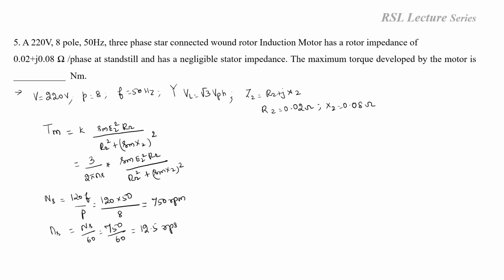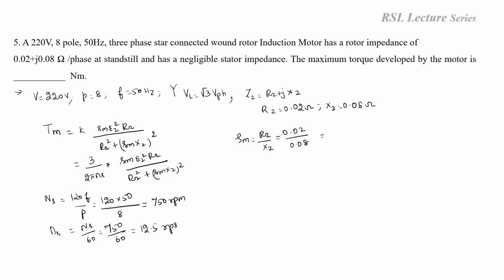Next we'll find Sm, the slip corresponding to maximum torque. Sm is equal to R2 divided by X2, so 0.02 divided by 0.08.